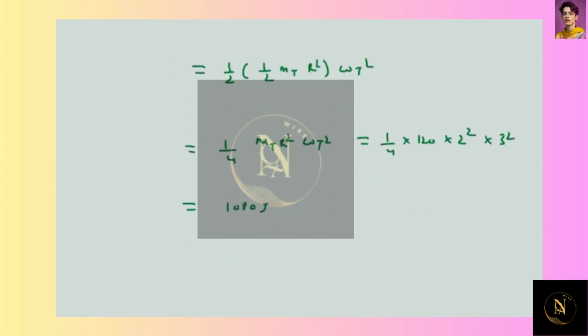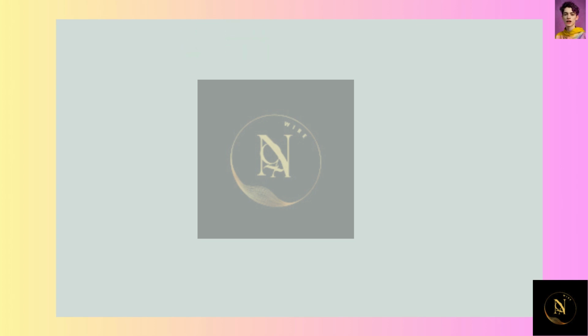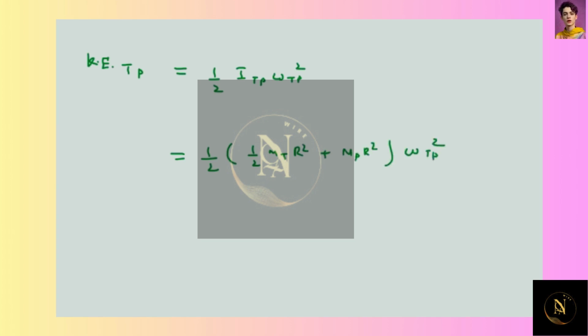Now I can write the value of kinetic energy KE_TP as 1/2 I_TP ω_TP², which is equal to 1/2 multiplied by (1/2 m_t r² + m_p r²) ω_TP².